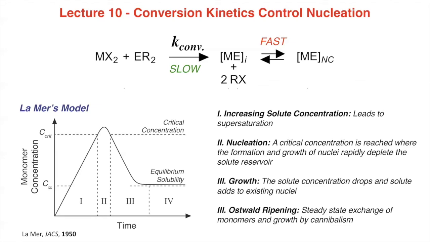And then again, you drop below this threshold concentration, nucleation stops. And this type of a kinetic scenario can give rise to a narrow size distribution. So Lemaire is credited for having proposed that the width of the nucleation phase is what dictates the size distribution.